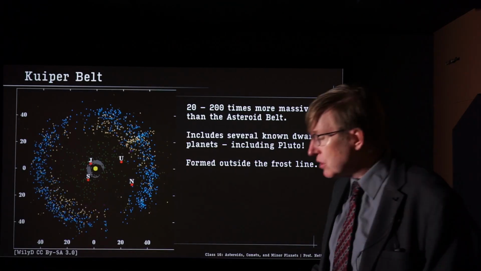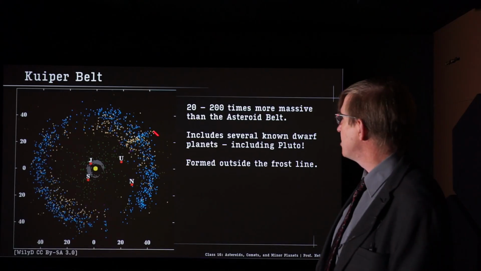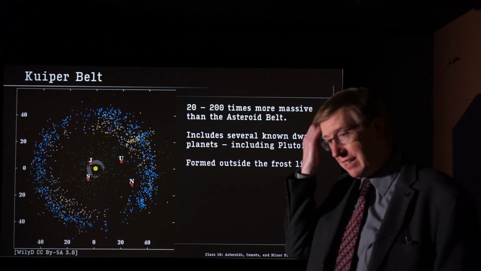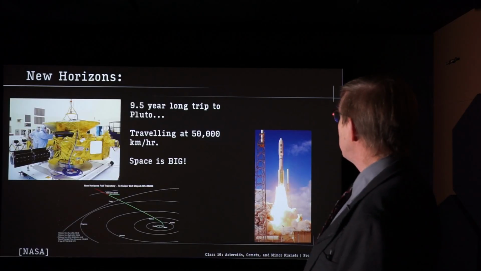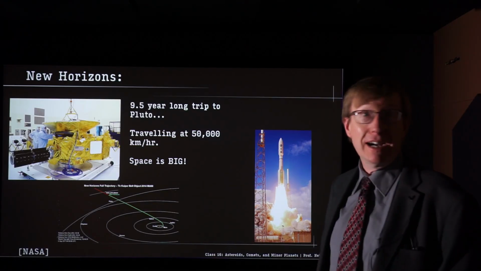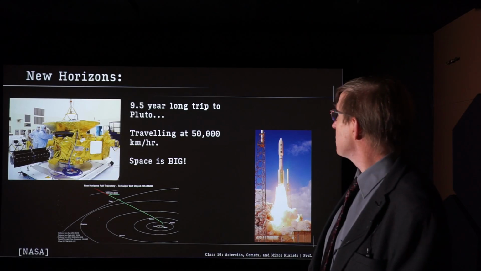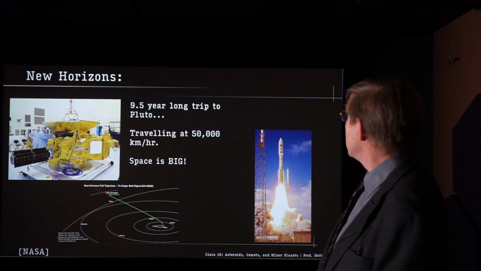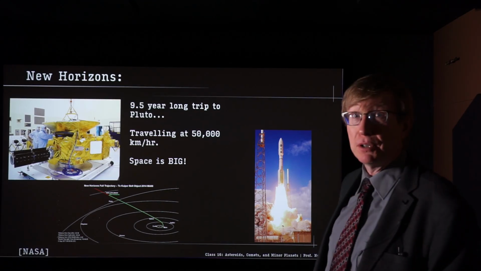My favorite, everyone's favorite Kuiper belt object, everyone's favorite dwarf planet, I think, because it's so cool, is Pluto. And so back in the 2000s, they launched New Horizons. It took a 9.5-year trip to get to Pluto.